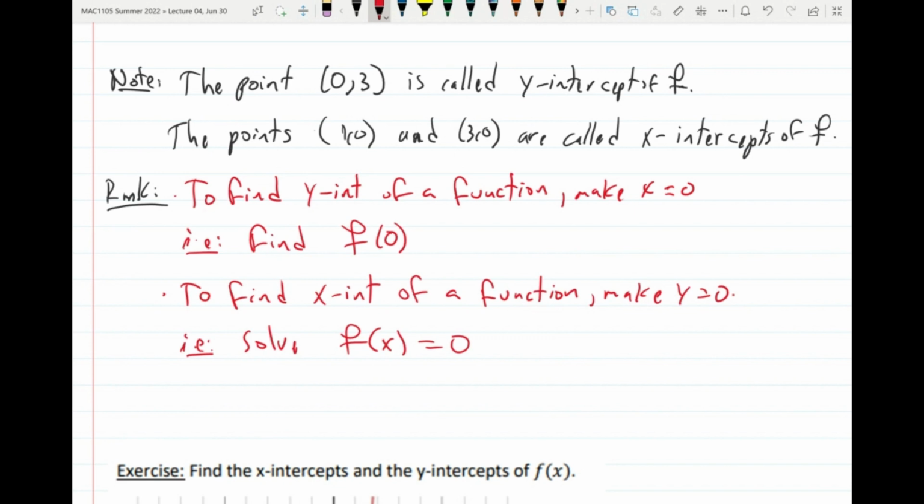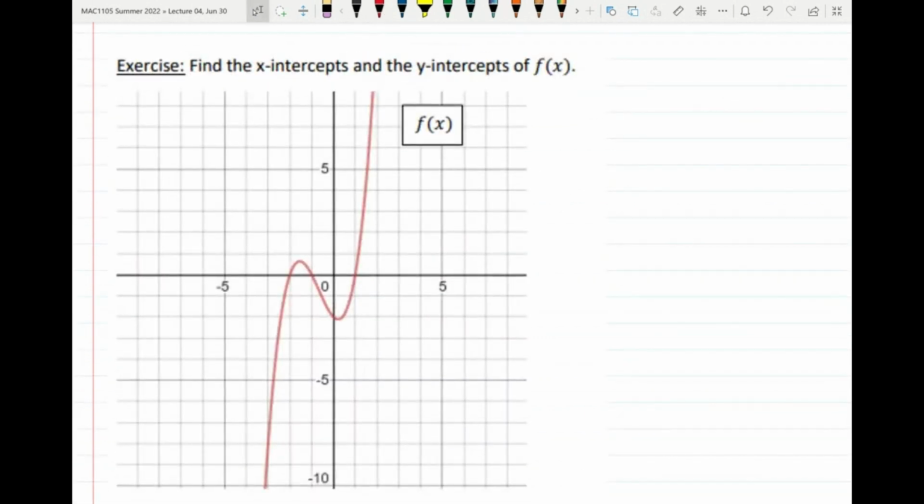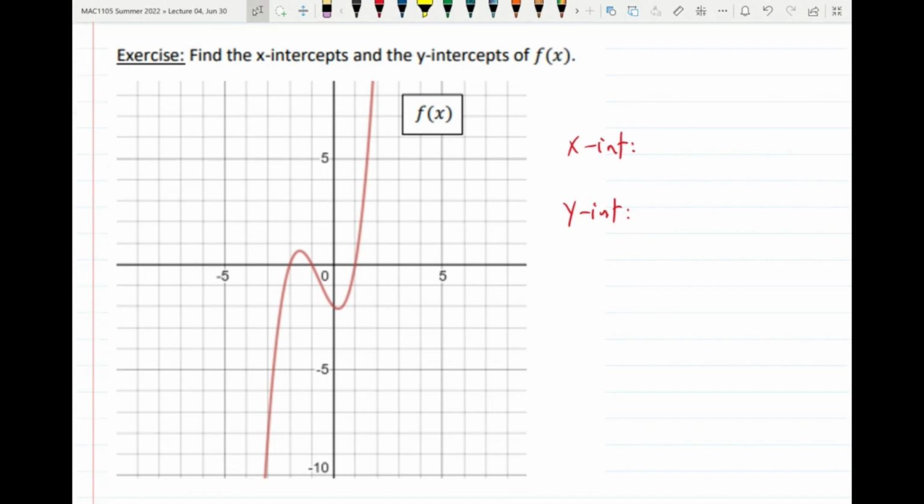All right. So let's answer those questions. Let's find the intercepts of this graph. When you have a picture, this is easy. You just look at it. That is really nothing to stress about. So, x-intercepts and y-intercept. How many x-intercepts do you see? 3 x-intercepts. 1, 2, 3.